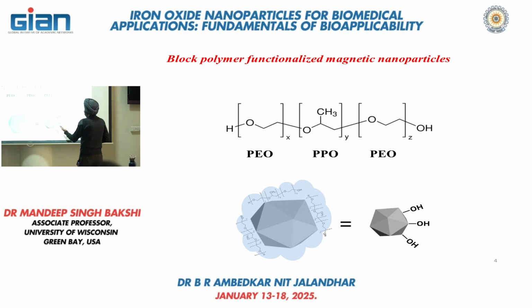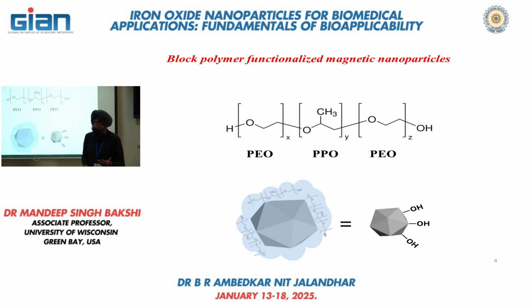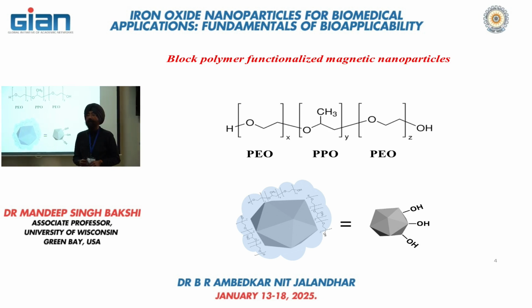Now, you might be remembering that we used the polyethylene oxide, polypropylene oxide, and polyethylene oxide block copolymers for the templating effect, as I mentioned in the first lecture today.